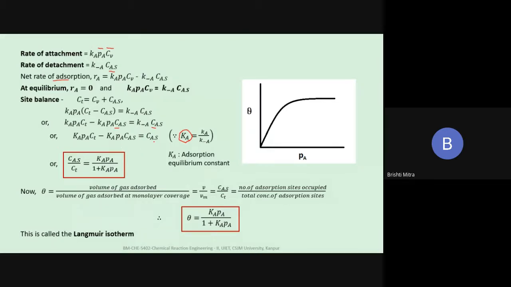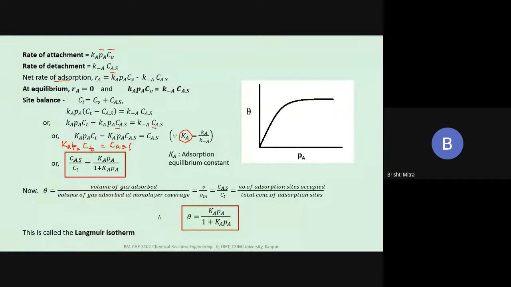Now we can put the Ca dot S terms together. So what do I have out here? We have capital Ka into Pa into Ct, total sites, is equal to Ca dot S, and we can take this as common as 1 plus capital Ka, the equilibrium constant of adsorption, multiplied by the partial pressure of A. Close the brackets.